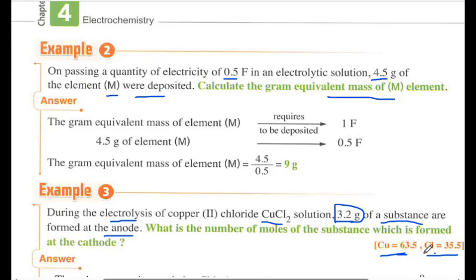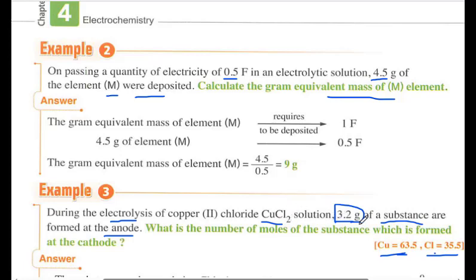the same quantity of electricity will liberate the equivalent mass of chlorine, which is 35.5, as chloride is only monovalent, with a negative 1 charge. So the equivalent mass of copper is related to the equivalent mass of chlorine: the equivalent mass of copper here is 31.75 and the equivalent mass of chlorine is 35.5.